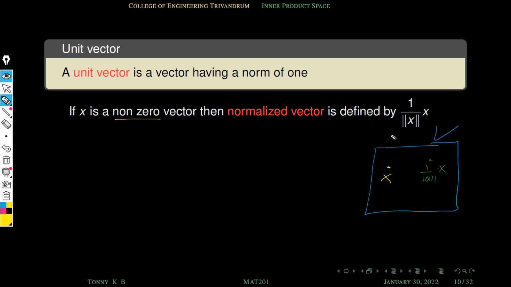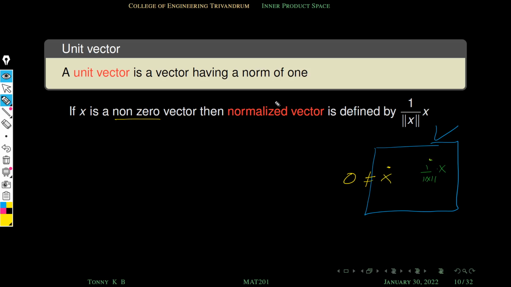Suppose we consider an inner product space V, and an arbitrary vector x from this space. The only assumption is x is not a zero vector in that vector space. If x is non-zero, then you can find a new vector like this, 1/norm x times x. That's another vector in V, and this vector is called the normalized vector corresponding to x.